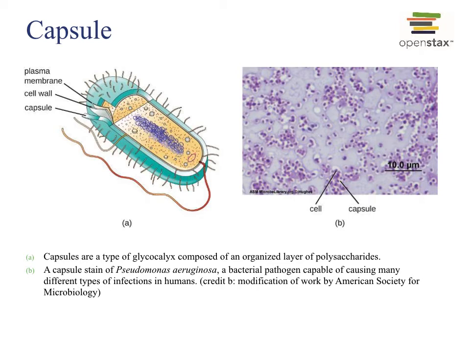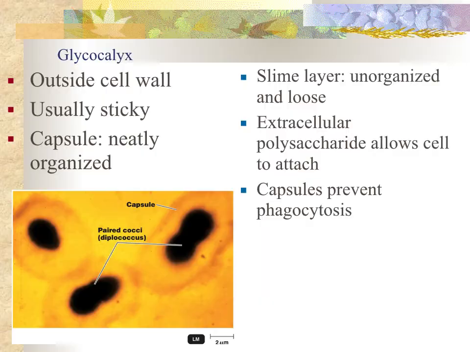These are always outside the cell wall and cell membrane. They can be more or less organized. When they're more organized, we call them a glycocalyx or a capsule. When they're less organized, we call them a slime layer. And these are polysaccharides. And so, like when a pier gets really slippery, often that's a glycocalyx.